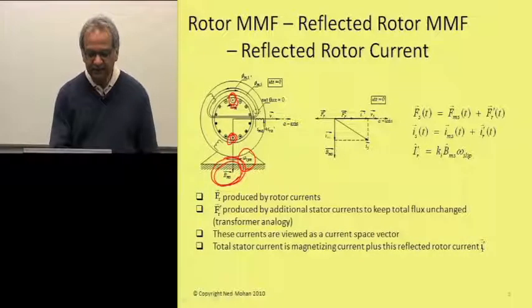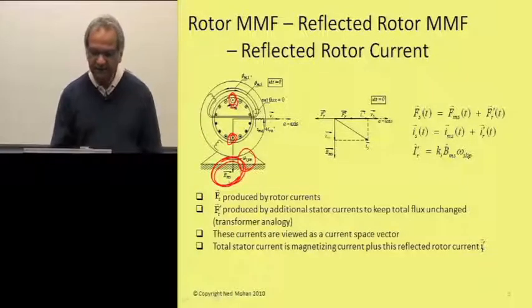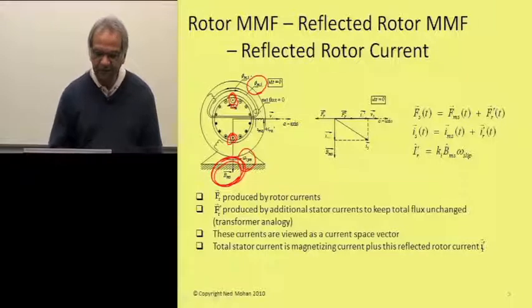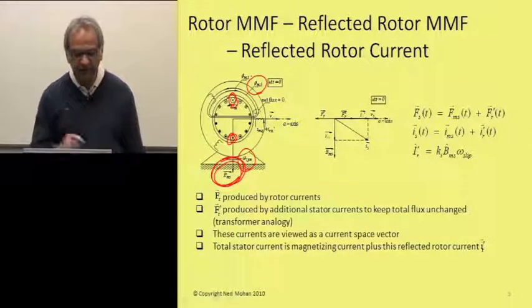So this is the flux density distribution produced by the magnetizing currents drawn from the stator, and these are the flux produced by the rotor MMF due to the rotor bar currents.